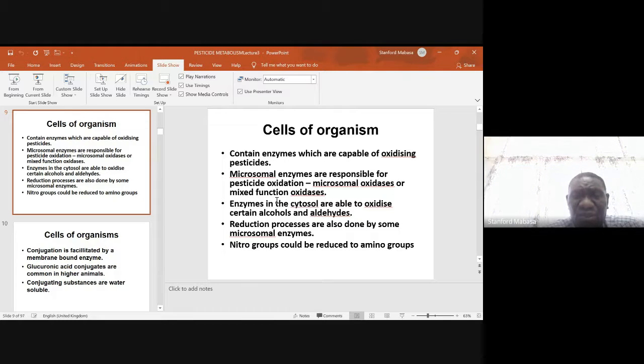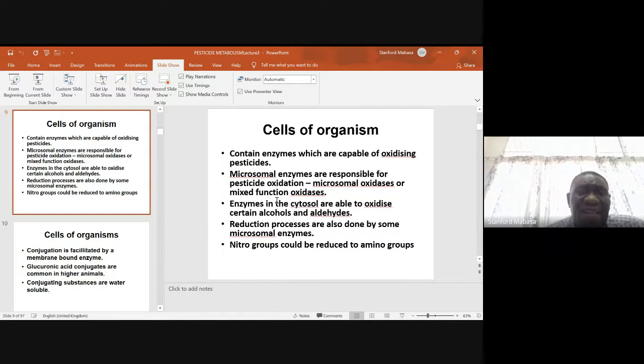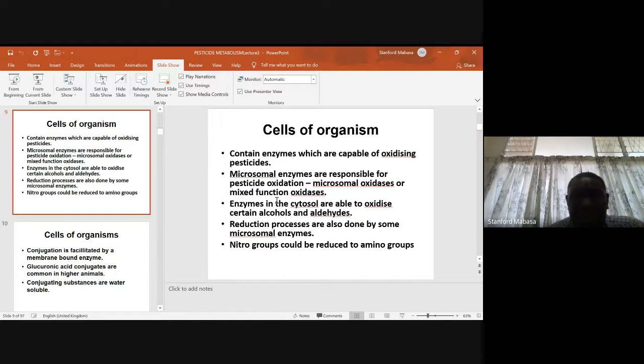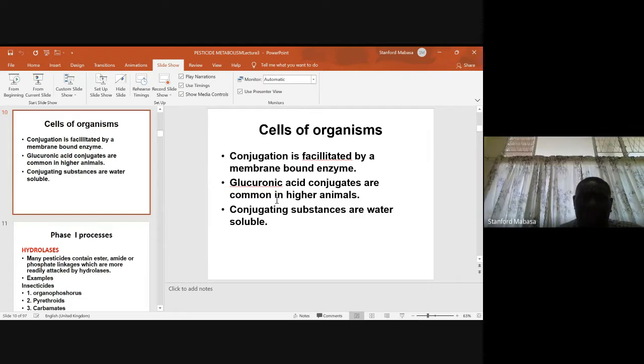I think here we are mainly talking about the cytochrome P450. We'll talk about it more. Enzymes in the cytosol are able to oxidize certain alcohols and the aldehydes. Reduction processes are also done by some microsomal enzymes. Nitro groups could be reduced to amino groups.